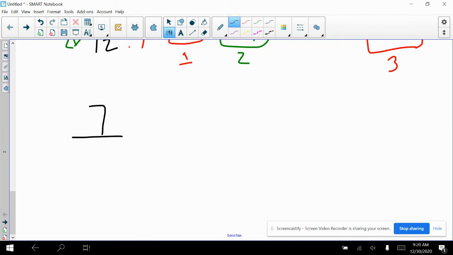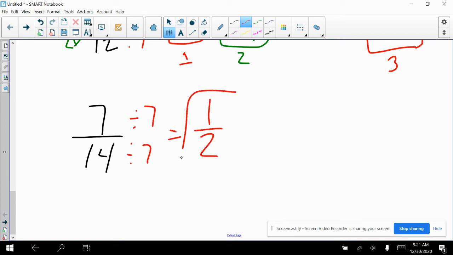Okay, another one, if we had 7/14ths, same thing. I'm sure that you could recognize that we can divide by 7 and get 1/2. That would be 1 equivalent ratio. Now there's nothing else you can divide here. So again, like I said earlier, the easiest thing to do is use small numbers, because as you know, the larger numbers that we use, the more difficult it gets.